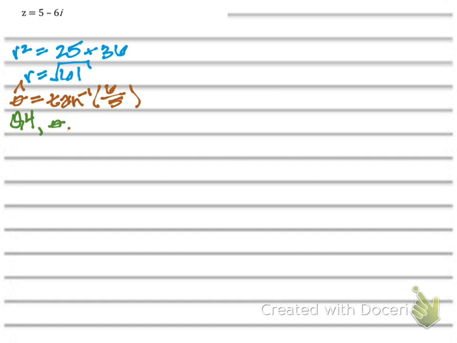And in quadrant 4, theta is 2 pi minus theta hat. So I know that r is the square root of 61, which is 7.81, cis, and then I'm going to do 2 pi minus the inverse tangent of 6 over 5. 5.41.